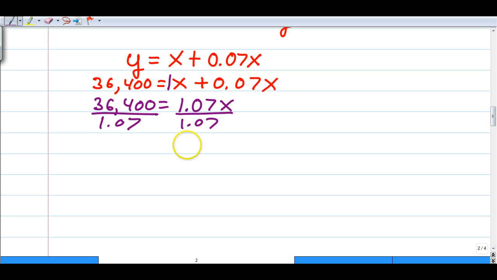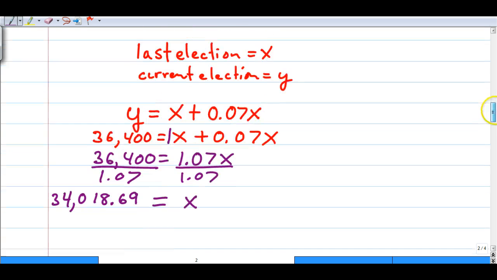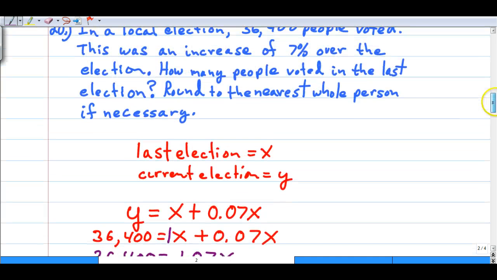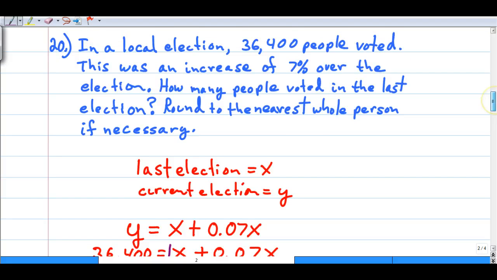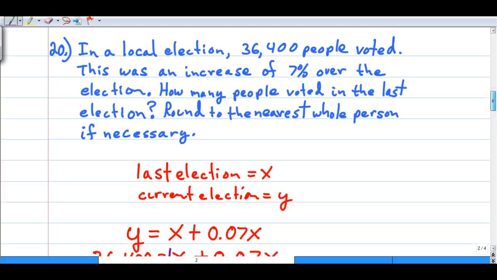We now get X is equal to 34,018.69. Now, if we look back at the instructions, it says to round to the nearest whole person, if necessary.